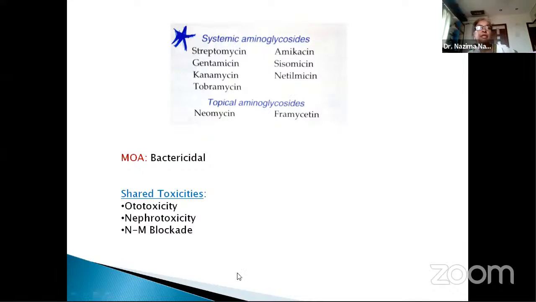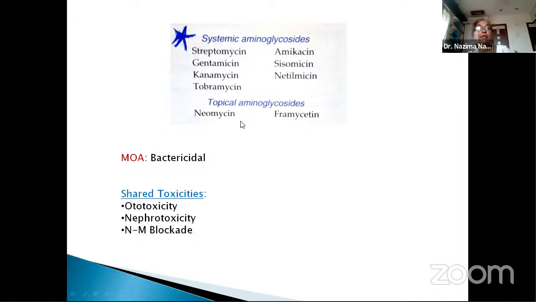They are classified into systemic aminoglycosides and topical aminoglycosides. Among systemic aminoglycosides, we have streptomycin, gentamicin, kanamycin, tobramycin, amikacin, sisomicin, and netilmicin. Among topical aminoglycosides, we have neomycin and paromomycin. Topical aminoglycosides are too toxic to be used systemically.